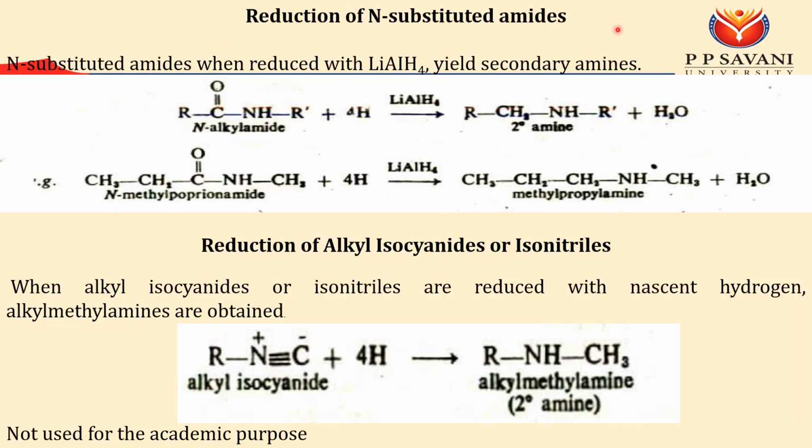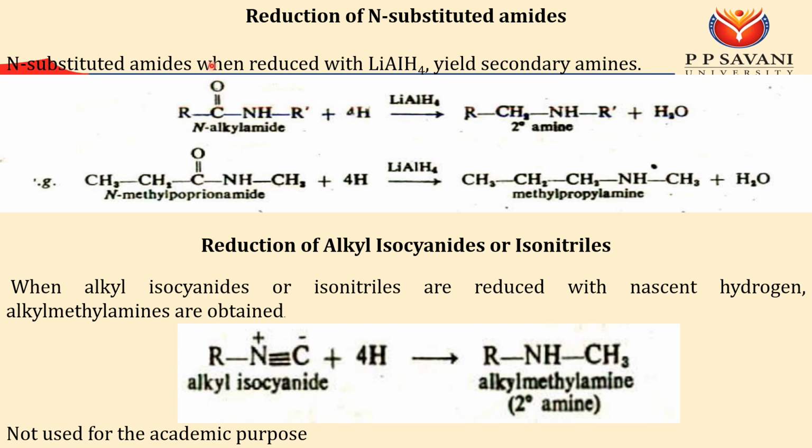Then reduction of N-substituted amide. For reduction, as I told you, you can use lithium aluminum hydride or nickel. With lithium aluminum hydride, your reactant is an amide, CONH. You just have to remove the C double bond O, and instead of this oxygen, you place two hydrogens.